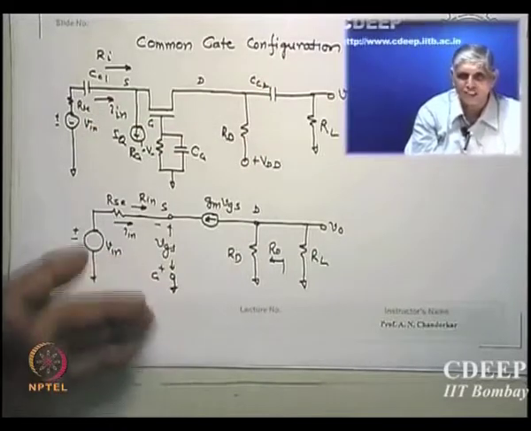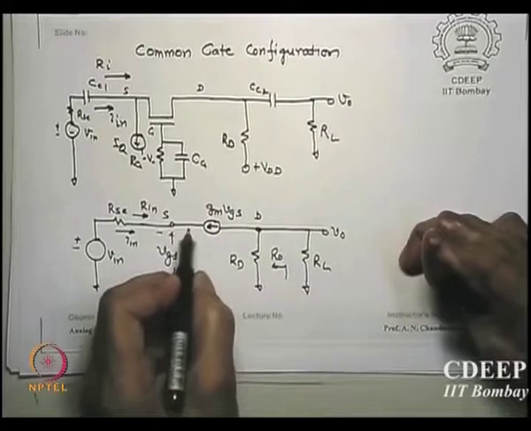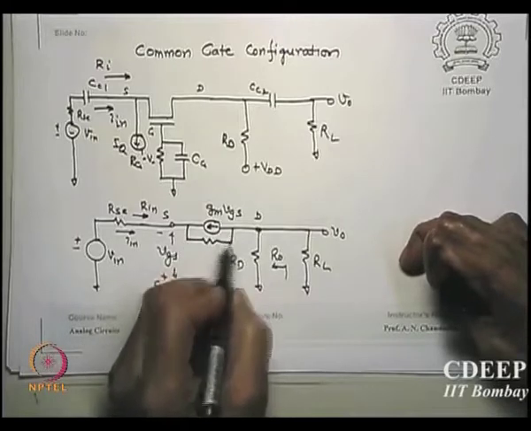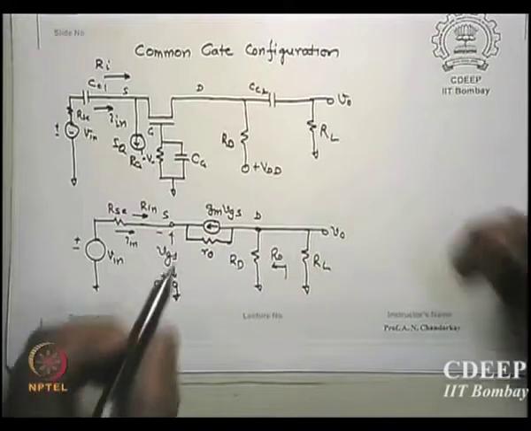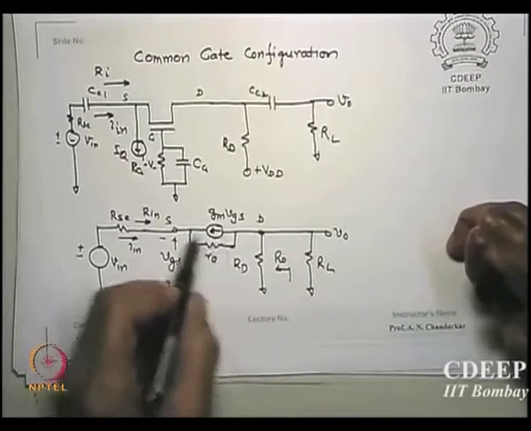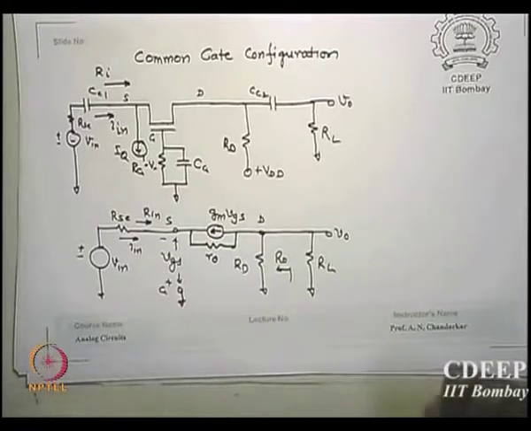So we want to know what it is. Yes, you are right. Between source and drain there is an R0. Right now our assumption is R0 is very high. Yes, absolutely no problem. It only creates a problem of solving equations. Now you remember, not only is the current path this, but also part goes through the R0. You are right.